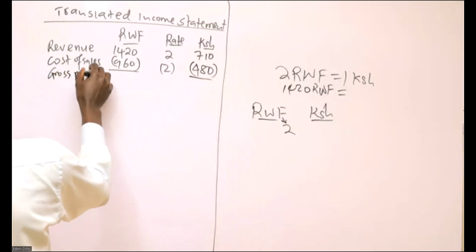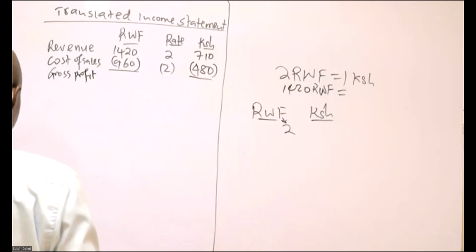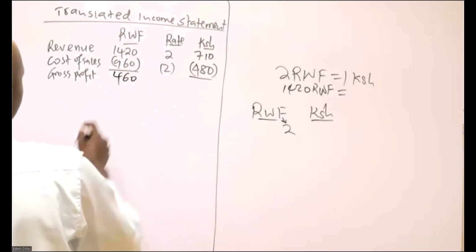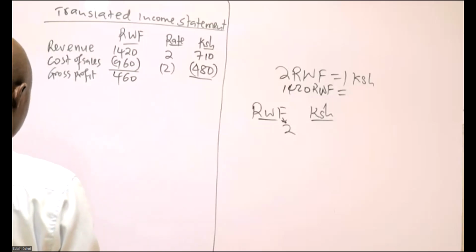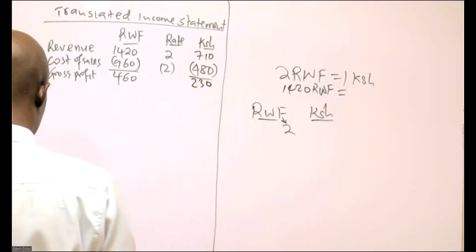So we have the gross profit here: 710 minus 480 gives 230.